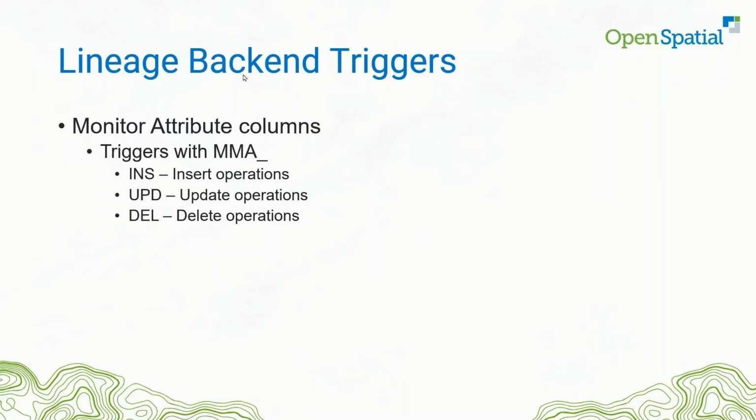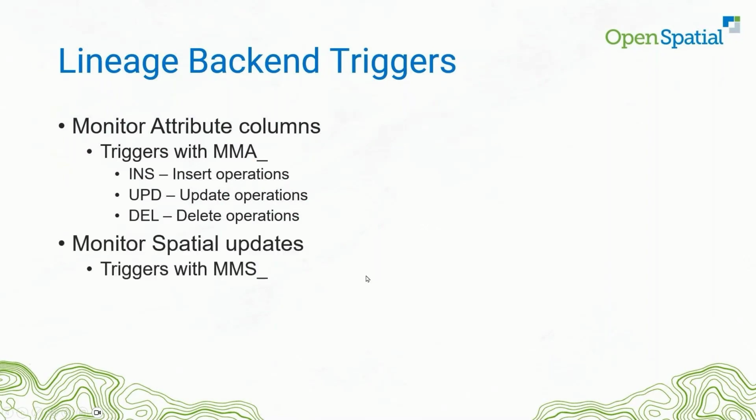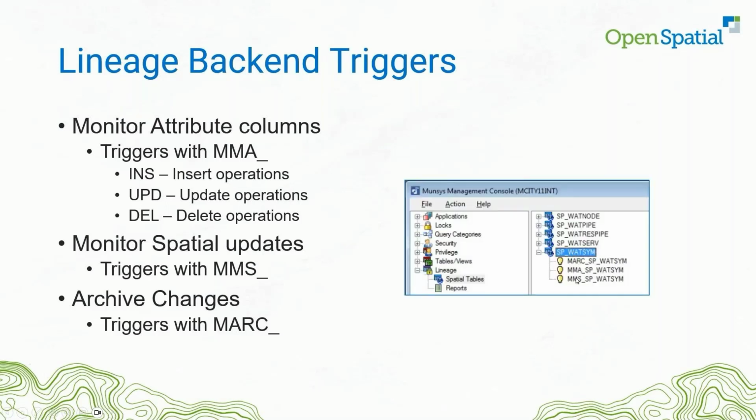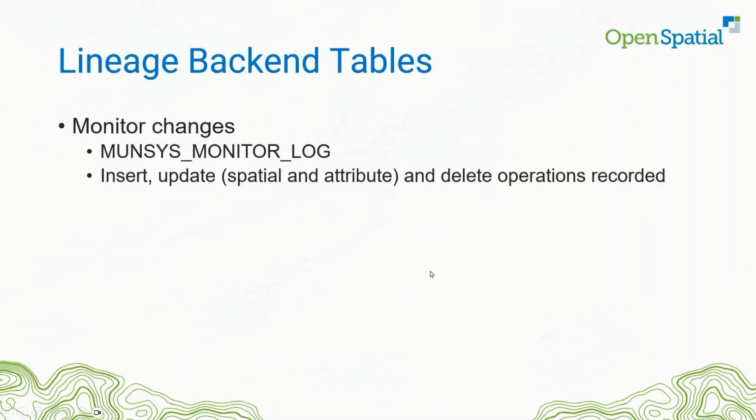So basically what this is doing, if I go and create a lineage, it will create triggers, so it will then log insert, update and delete operations, spatial updates, and then the archive changes. So it will go and create all of those triggers.